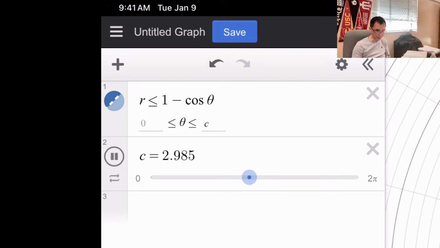Does that make sense? This is how the area accumulates. It's each line to the point, and every line is a ray from the origin. Does that make sense? You have to do 0 to theta to see, and then add a slider to see.